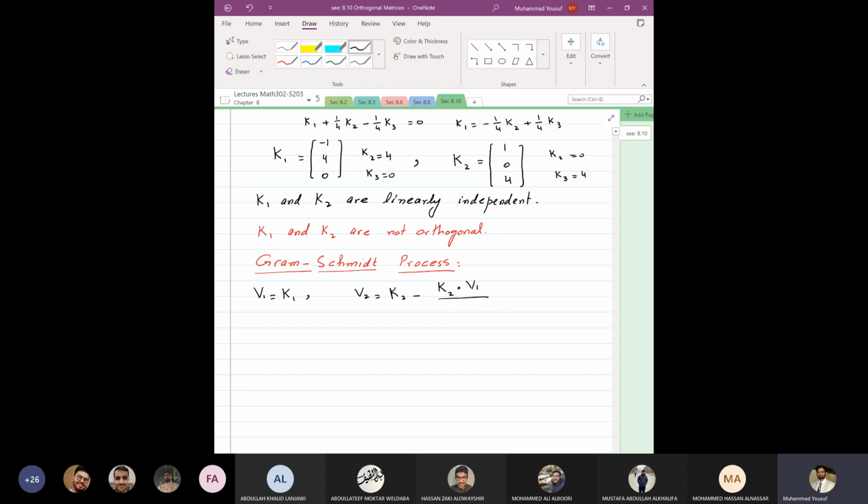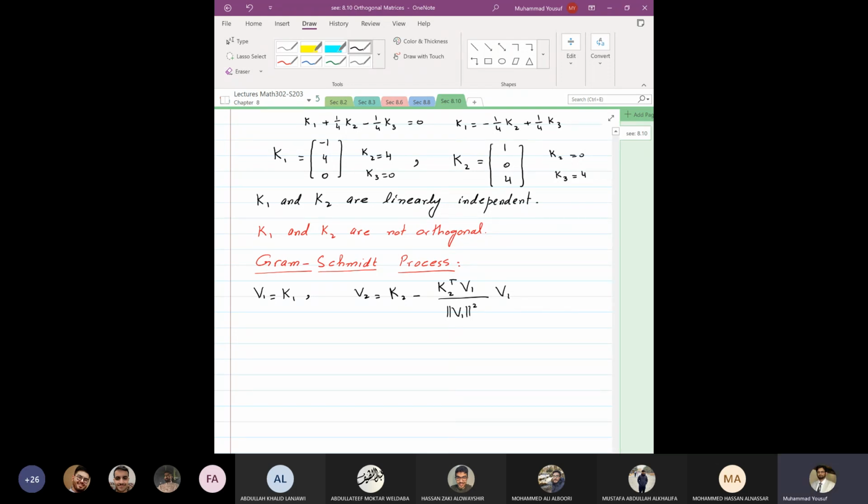You can also say K2 transpose V1 over V1 transpose V1, which is the norm squared, and multiply this whole scalar number by V1. This is the Gram-Schmidt process. You use it to find V2.